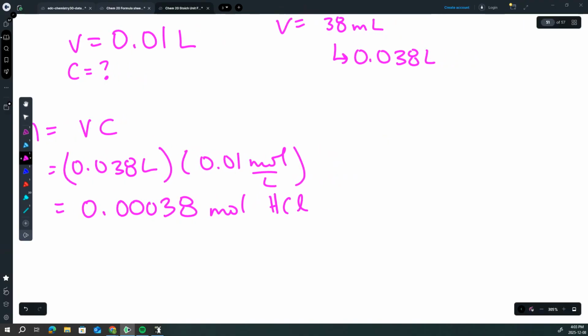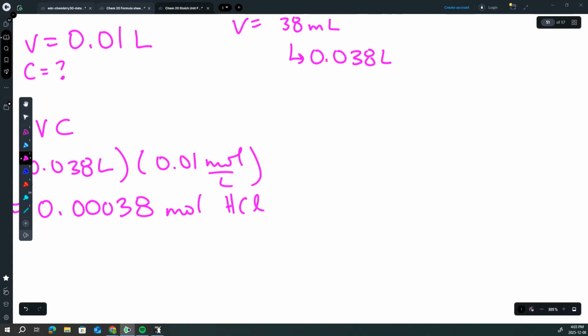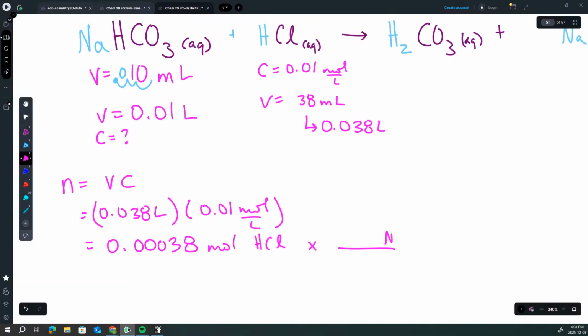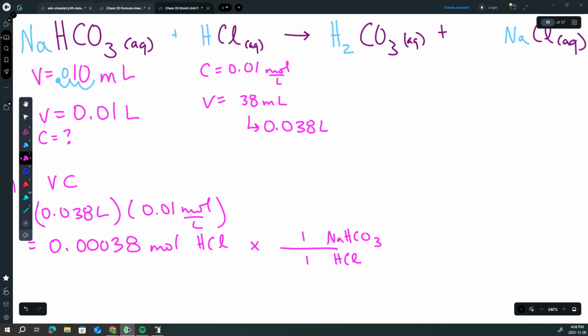Step 2, find moles of your given. That is done. Now we need step 3, mole ratio. So times by a fraction sign. So we want sodium hydrogen carbonate. We are given hydrochloric acid. Okay, so this is a 1-to-1 ratio, so it's not going to change the number.